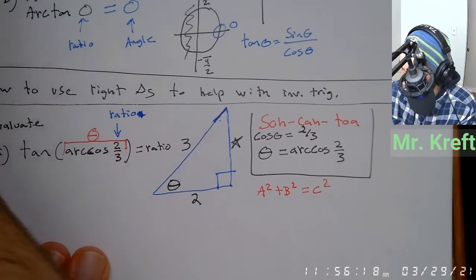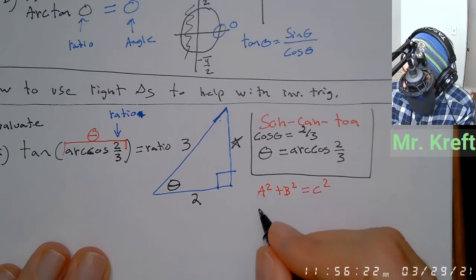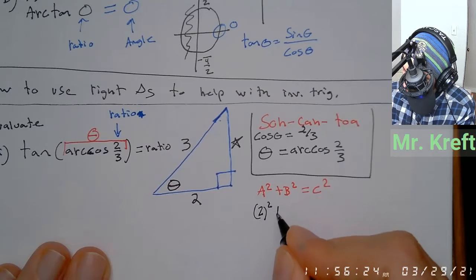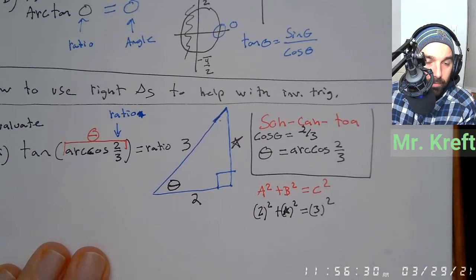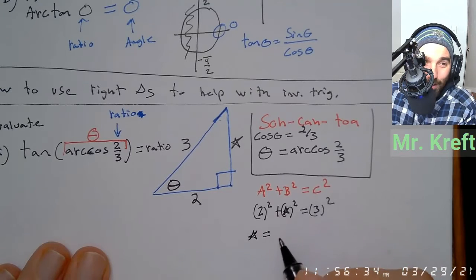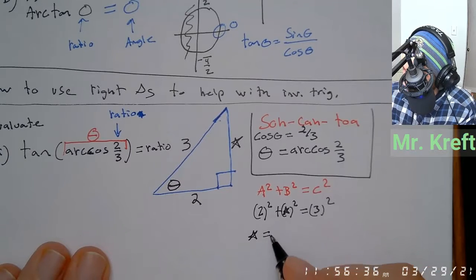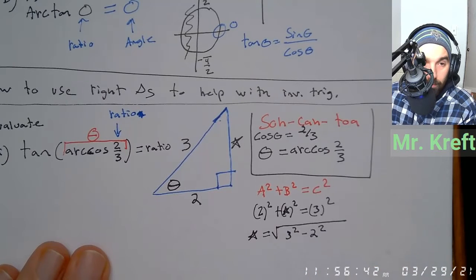So I would know that 2 quantity squared plus star quantity squared equals 3 quantity squared. So I know that star equals, now it should be plus or minus, but we only want the positive, so it's going to be 3 squared minus 2 squared.